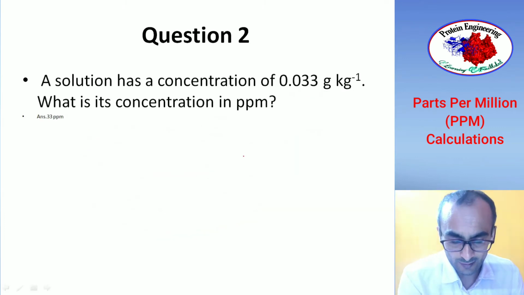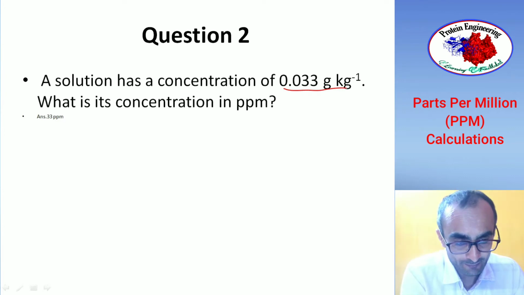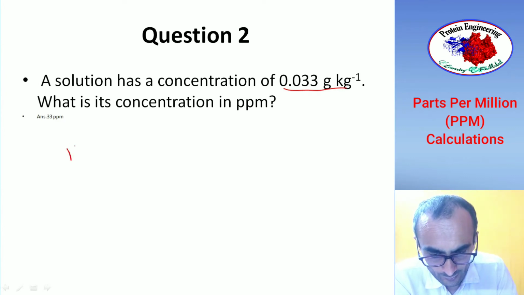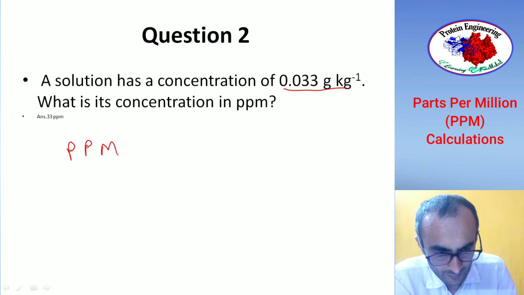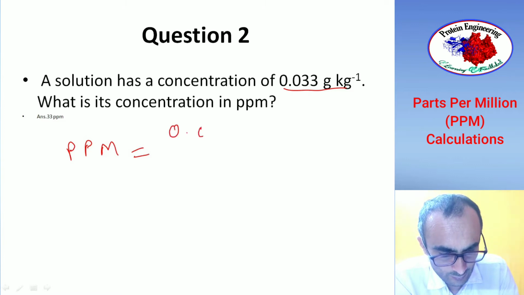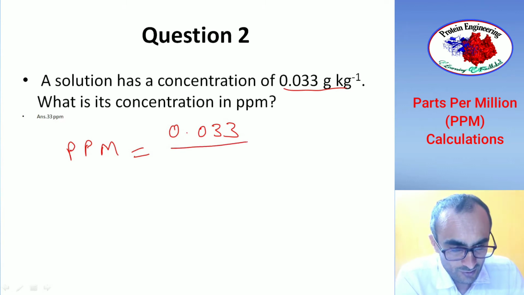Similarly, if in another question a solution has a concentration of 0.033 gram per kilogram, what would be its ppm? So the ppm value would be gram of solute, that is 0.033, amount of solute divided by solution.